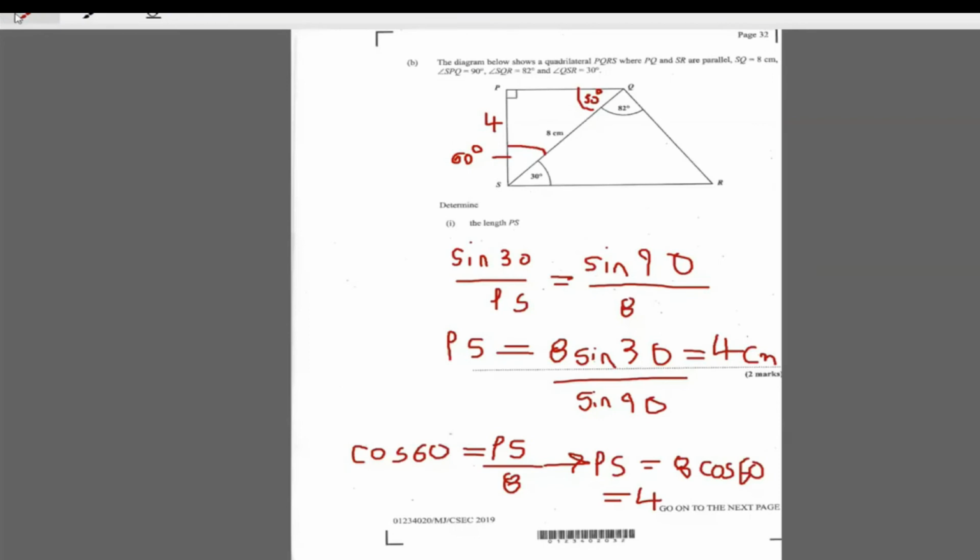So what I'm going to do here now is we have one side, right? We need another side over here. I'm going to find what is SR. Now SR corresponds to this angle.